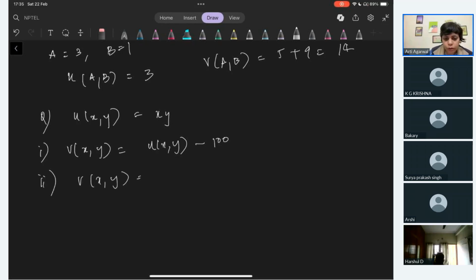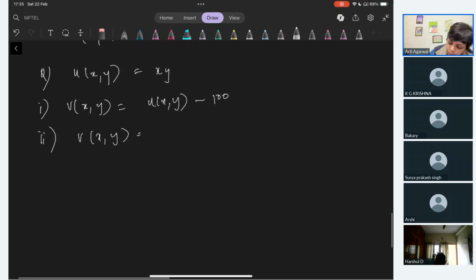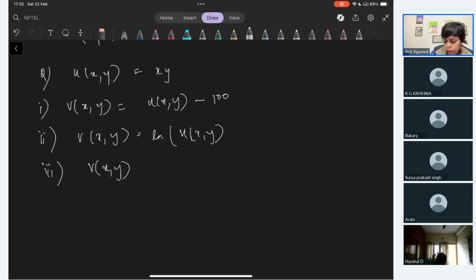So some of these questions are actually from Radian. You can go and check it out if you like. This is, say, log to the base 10, or you can also take it as natural log, of u. And part 3 is v equal to 1 upon u.